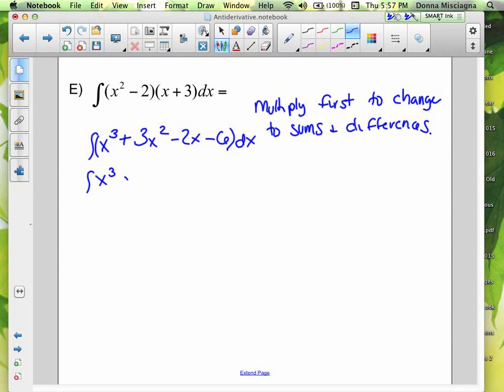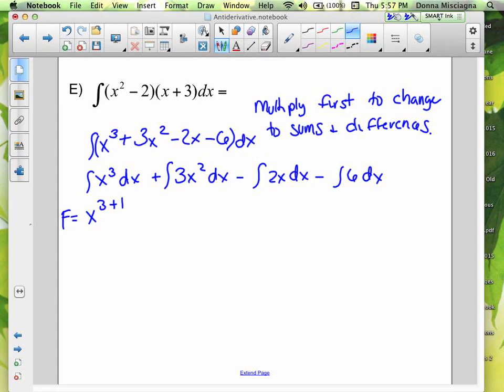So the integral of x cubed dx plus the integral of 3x squared dx minus the integral of 2x dx, and then minus the integral of 6 dx. Okay. So the integral of x cubed is going to be x to the 3 plus 1 divided by 3 plus 1, plus, I didn't factor out the 3 on this one.